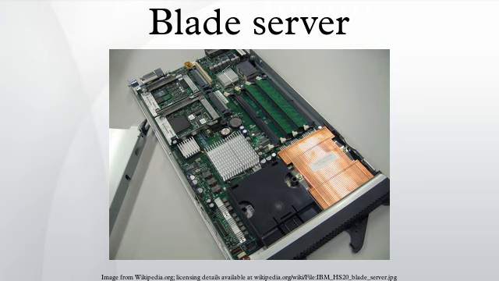HP's current line consists of 2 chassis models, the C3000 which holds up to 8 half-height ProLiant line blades, and the C7000 which holds up to 16 half-height ProLiant blades. Dell's latest solution, the M1000e, is a 10U modular enclosure and holds up to 16 half-height PowerEdge blade servers or 32 quarter-height blades. See also: Server computer, Blade PC, Multibus. References.